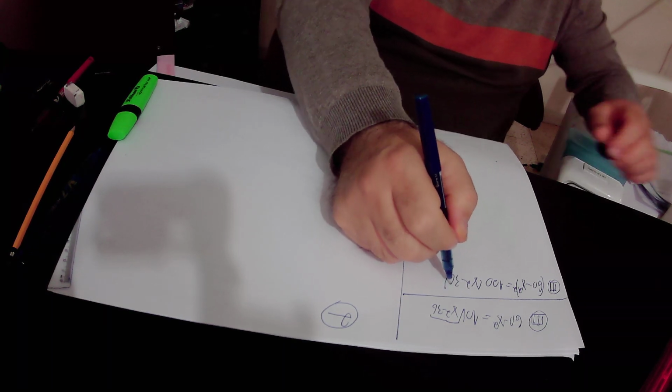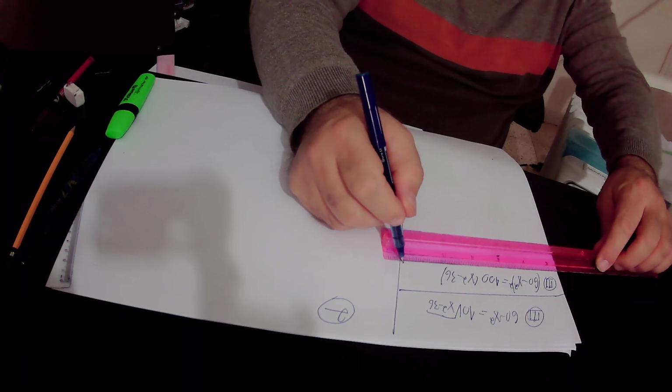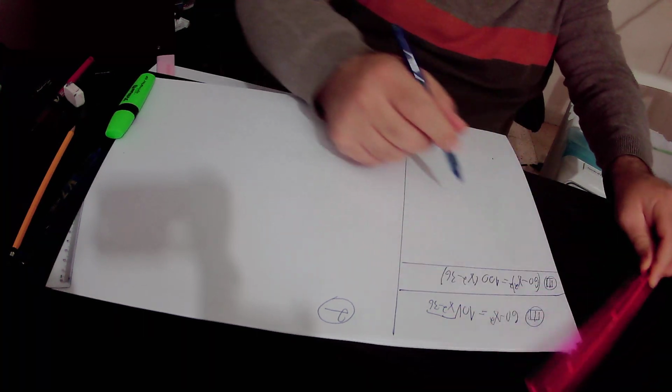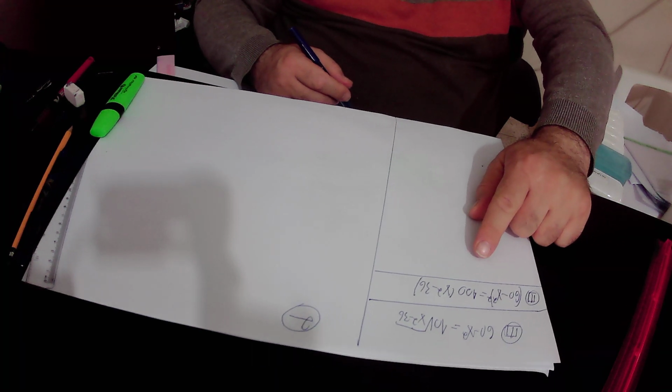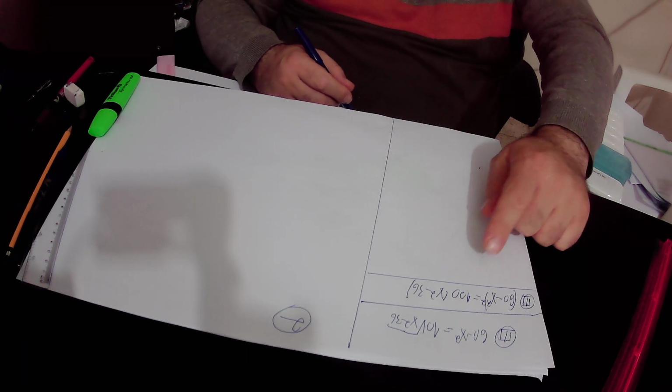So in conclusion, we found out that according to equation number 3, 60 minus x squared, squared, equals 100 times x squared minus 36.